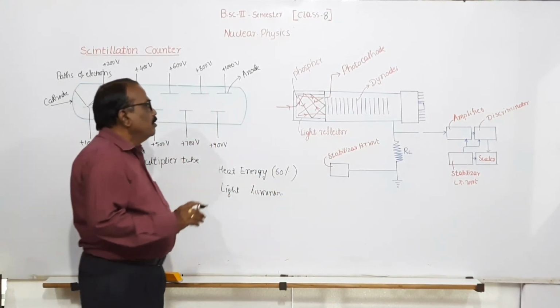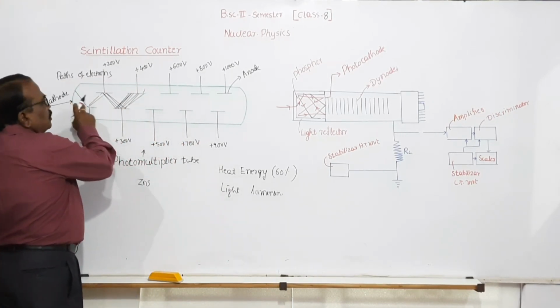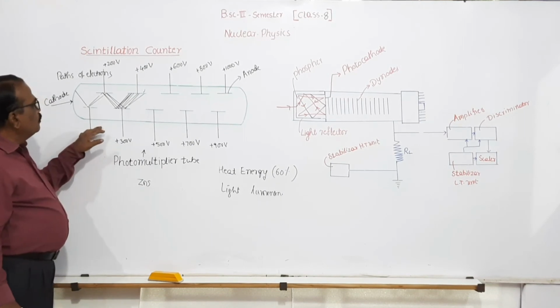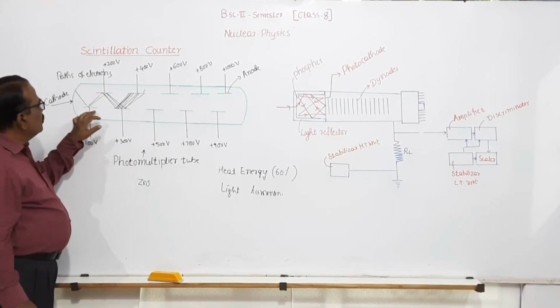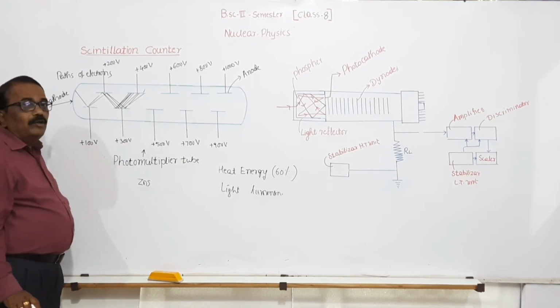Then, assume that this is a photomultiplier tube. A photomultiplier tube consists of a number of electrodes called dynodes.